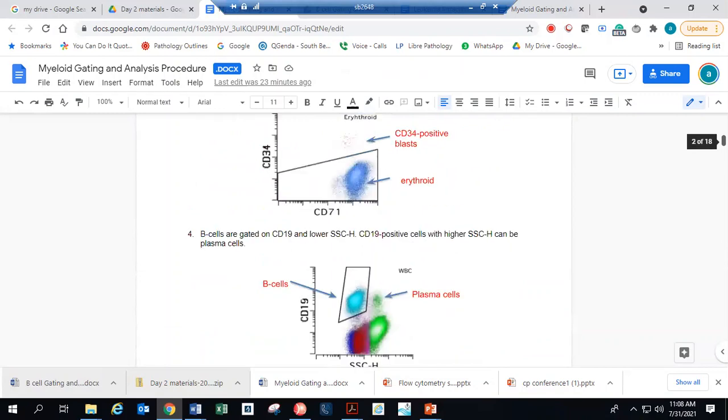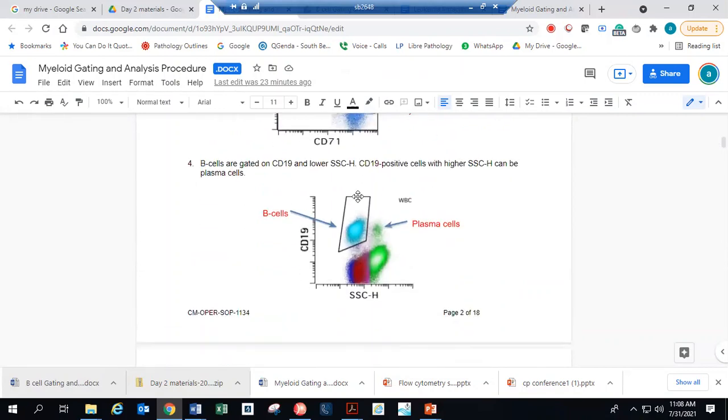Next, coming to B cells and plasma cells. So B cells, obviously we know that 19 is the B cell lineage marker. So it's a lineage defining marker, and you gate on it. As we were talking, the side scatter will be higher on the granulocytes, and then the blasts will have dim side scatter.